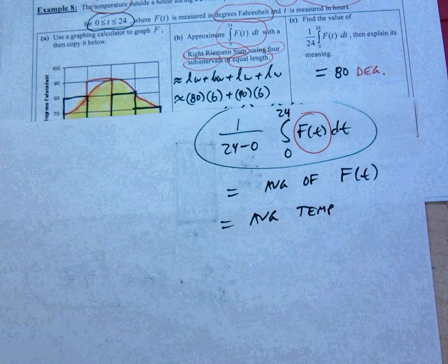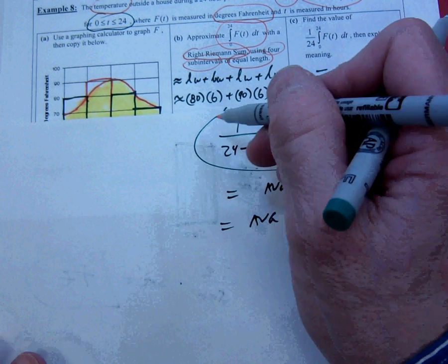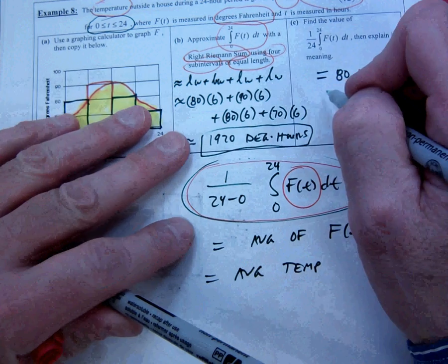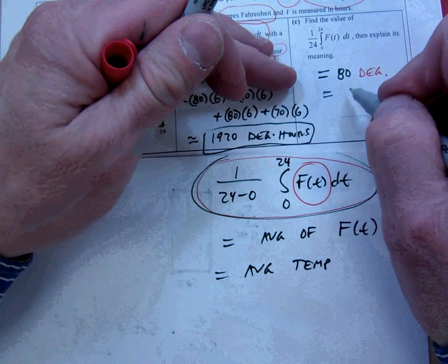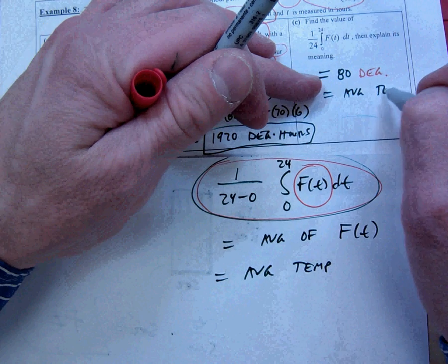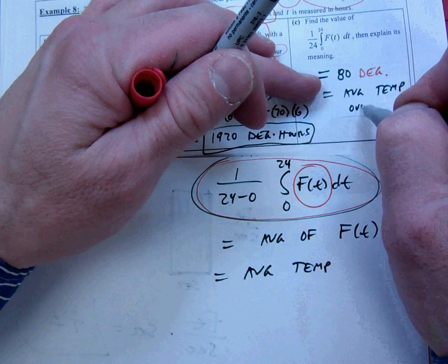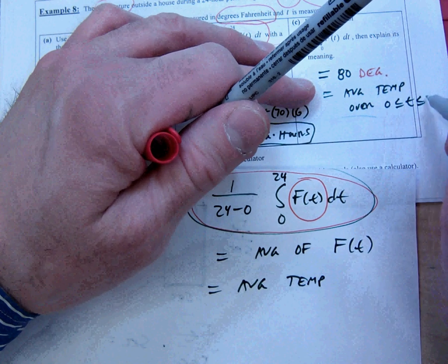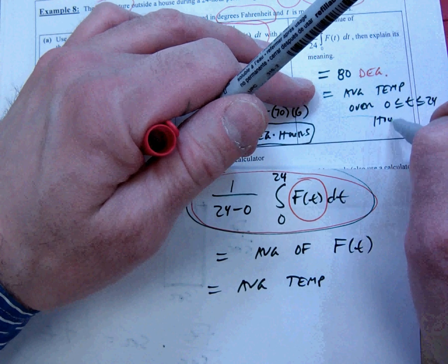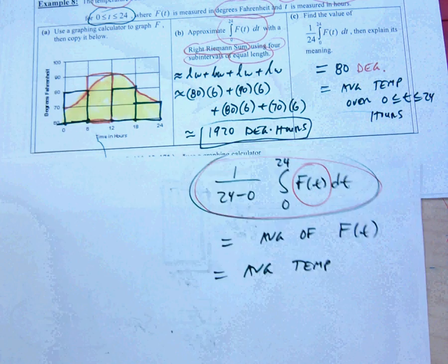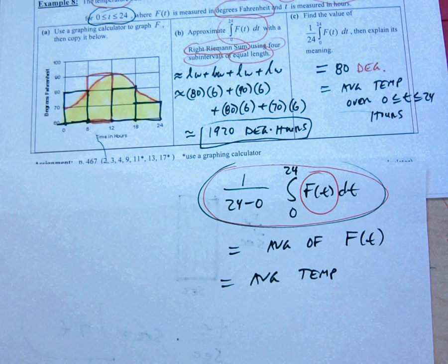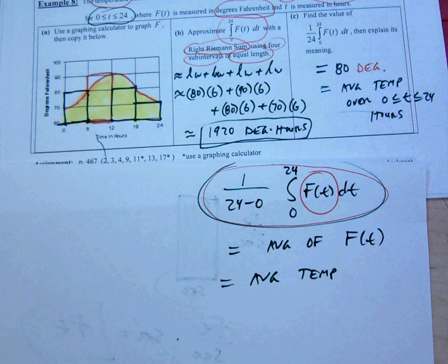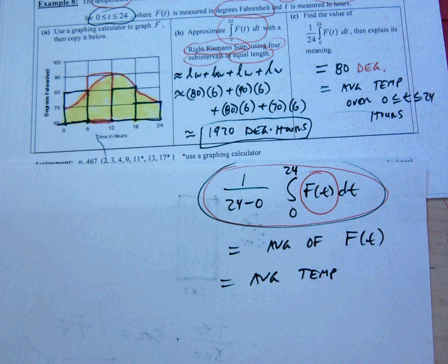It gives you the average temperature over the interval 0 to 24 hours. So don't we now know that the average temperature outside over that 24-hour period was 80 degrees?